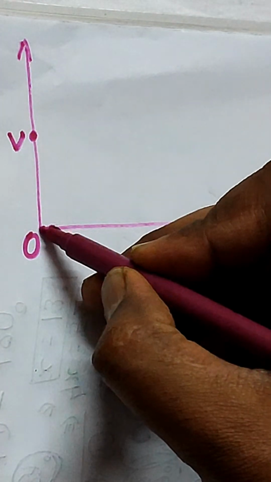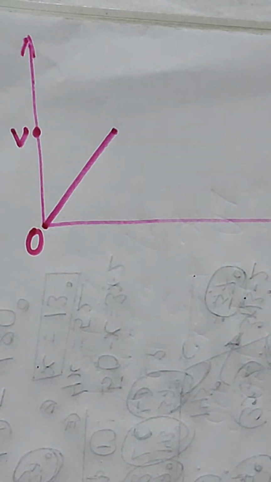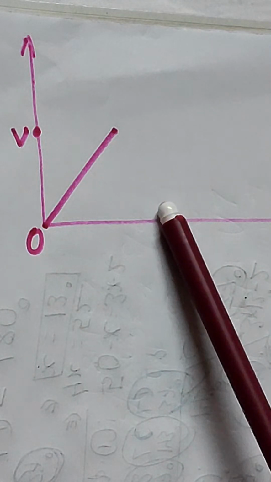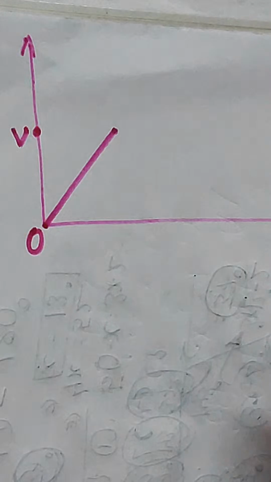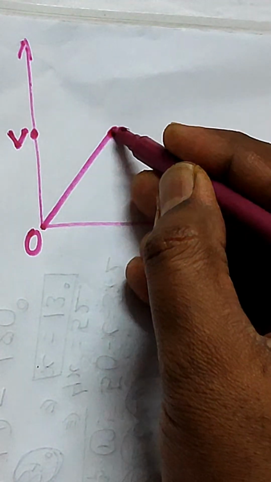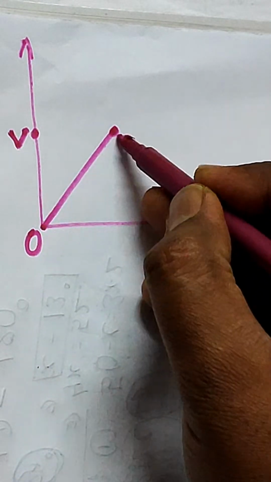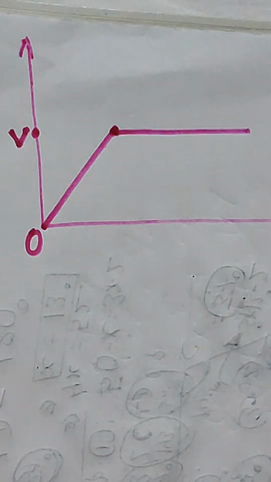So from 0 to v it increases, right? It's given that the velocity of a train increases at a constant rate alpha from 0 to v, and after that it remains constant like this.